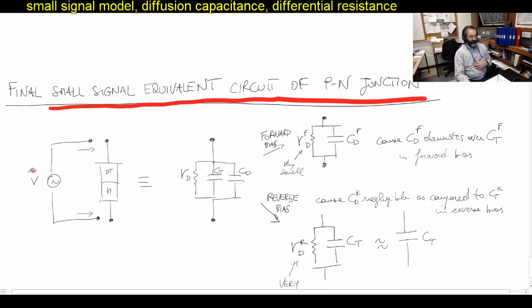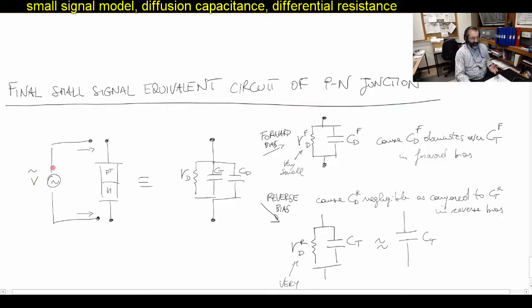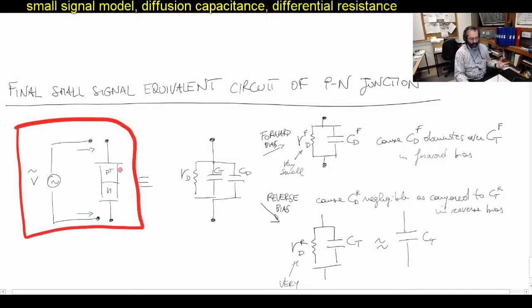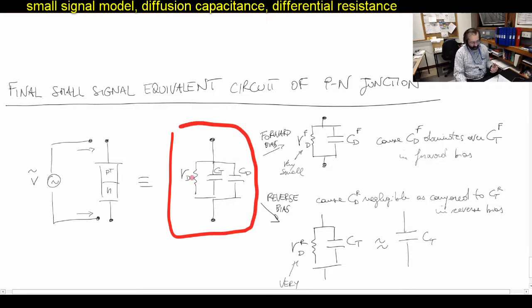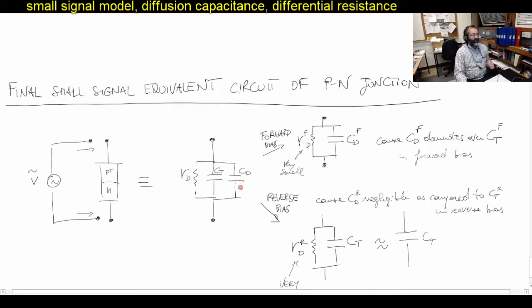This is extremely useful if we want to apply to a PN junction a small AC signal. So in our mind, if we have this circuit in front of us, we should replace it with all the components we just talked about. The PN junction becomes effectively this: a differential resistance, depletion capacitance, and diffusion capacitance, all in parallel.